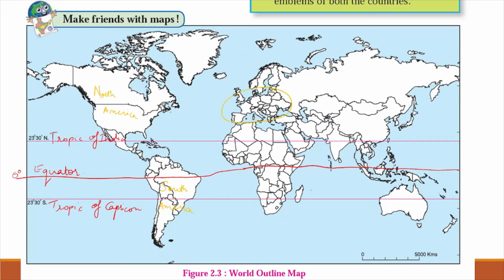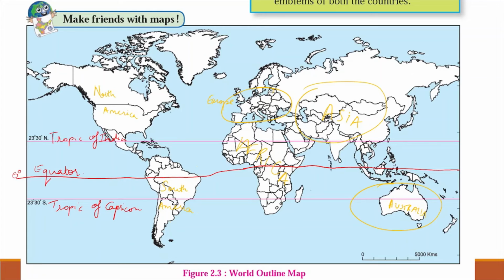Over here we have Europe. This is the African continent. This is Africa. This whole area over here is Asia. This mass of land is Australia.